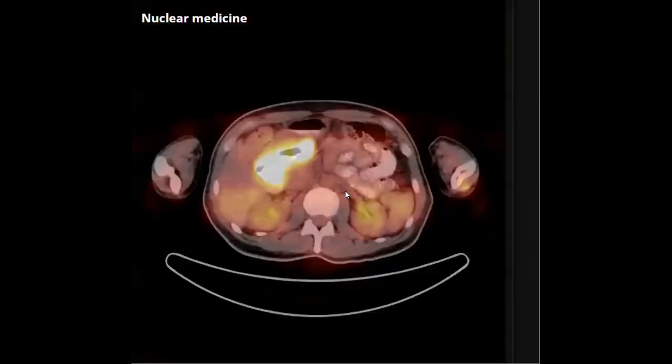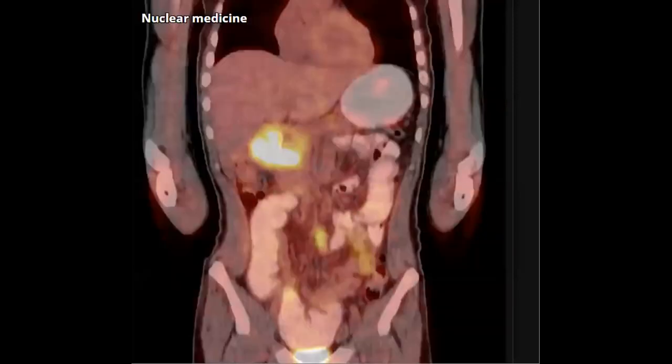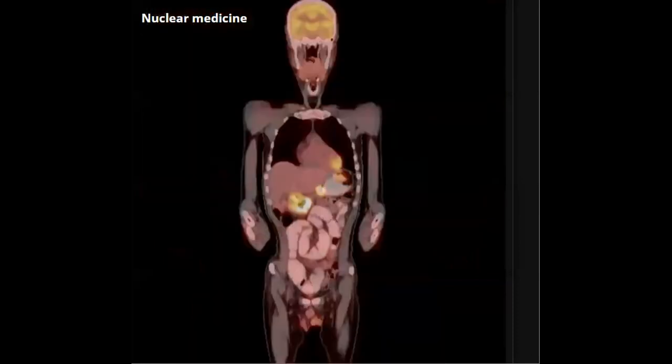In that case, everyone agree there is a stomach lesion, and there are multiple lesions. So what could be your differential in such a case? Could be carcinoma, stomach carcinoma. Do you think the stomach can have metastasis as well? Can have metastasis. Do you think that can happen? Yes. What could be the metastasis in the stomach? From where?